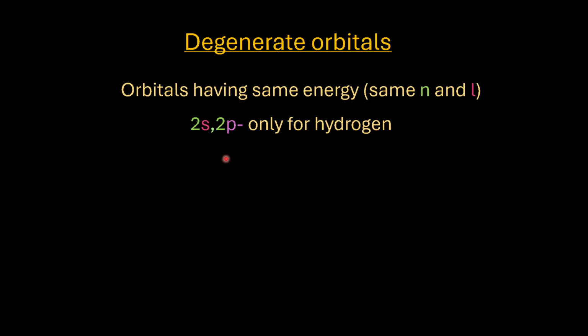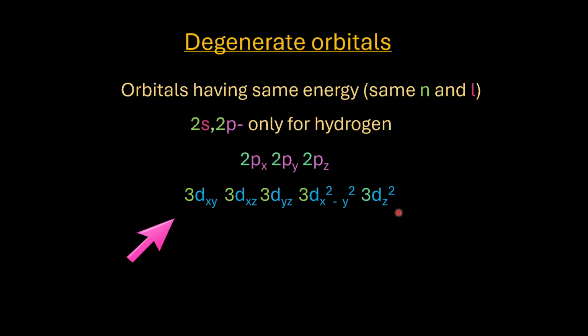For such atoms, you can say that the orbitals like 2px, 2py, 2pz are the different orientations of the p orbitals, but belong to the same energy level, same principal quantum number 2. These are degenerate. Likewise, the 5 orientations of the d orbitals belonging to the third energy level all have the same principal quantum number as well as the azimuthal quantum number.